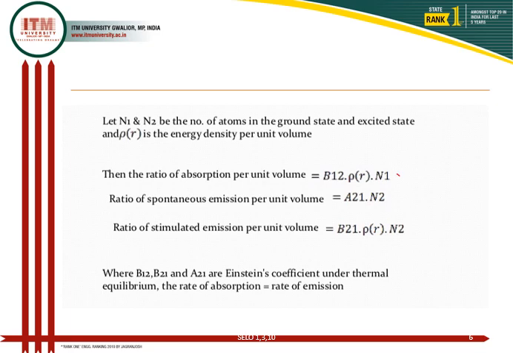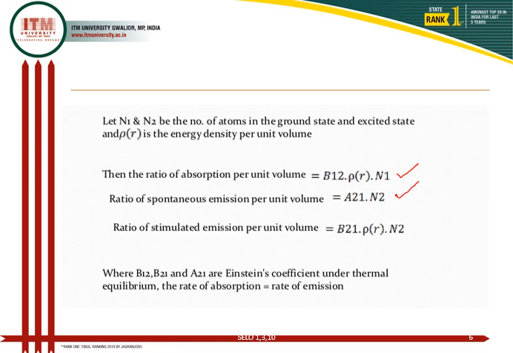The rate of absorption will be B12 rho r N1. Here N1 is the number of atoms in the ground state and B12 is the Einstein coefficient for absorption. Similarly, spontaneous emission is A21 N2. In this case, you can see that no energy density appears in spontaneous emission because it does not depend on the applied radiation energy.